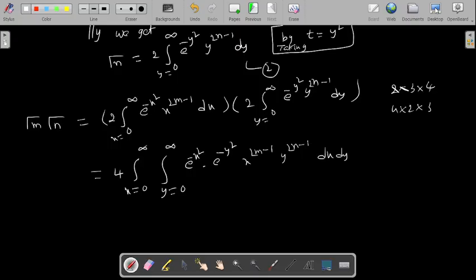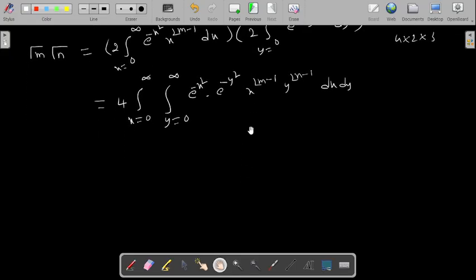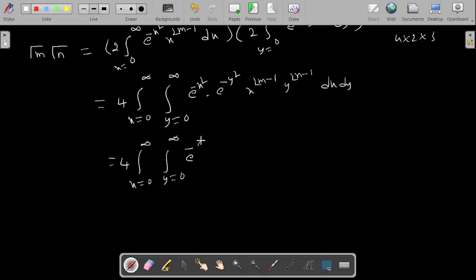So now, after this, what we are doing is 4 into the integral x equal to 0 to infinity, y equal to 0 to infinity. The bases are the same here, so e power minus (x square plus y square), into x power 2m minus 1, y power 2n minus 1, dx dy.